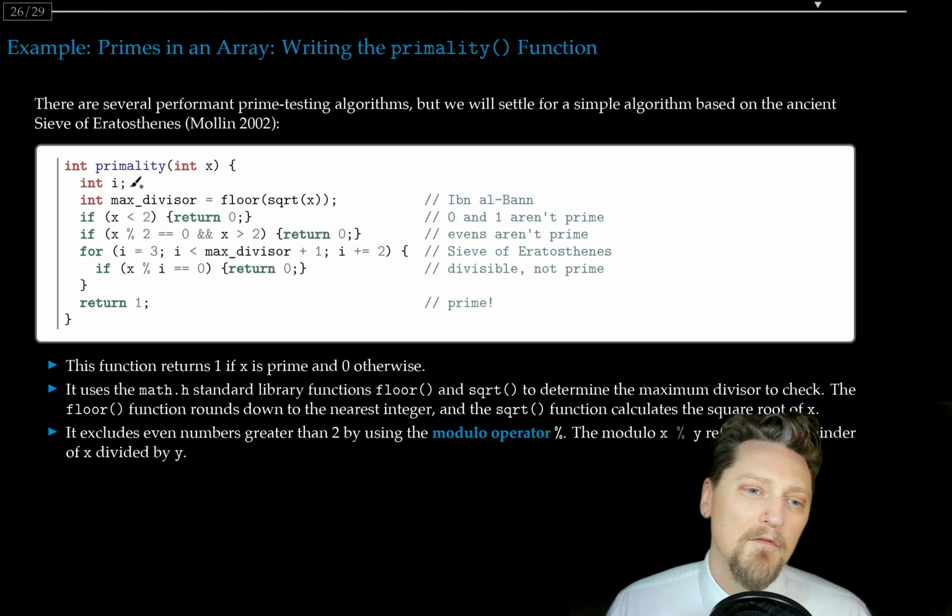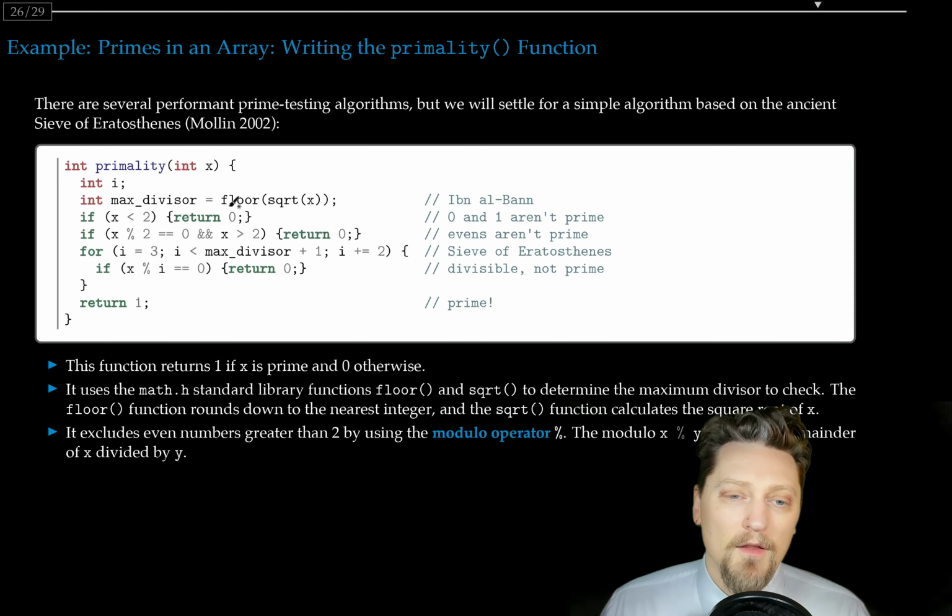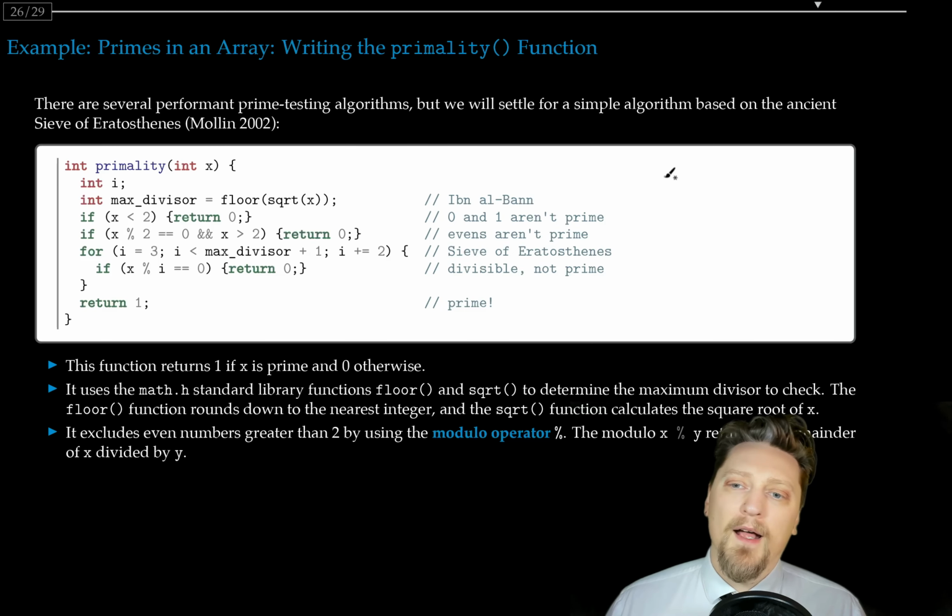We're going to find the maximum possible divisor. So we'll take the square root of x and we'll take the floor of it. SQRT is the square root, which comes from the math standard library header file. The floor function will round down.